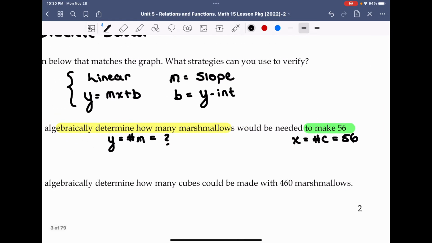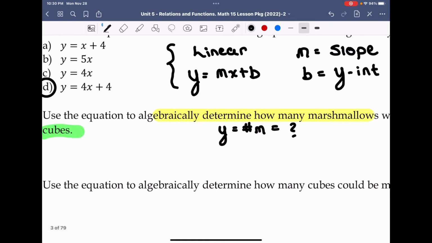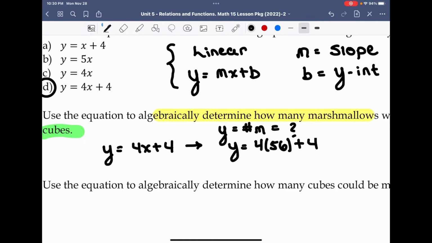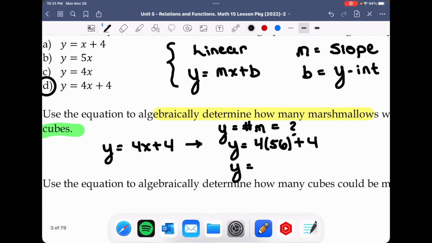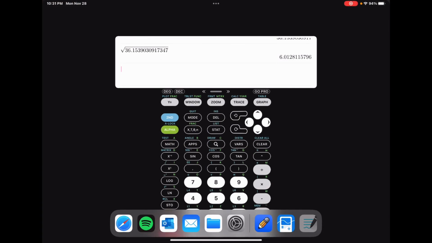So now what we have to do is say, okay, if we're looking for y and we have the x value, in our equation, y is equal to 4x plus 4. We're going to plug in the value for x. Y is equal to 4 times 56 plus 4. And now we should get a y value equal to, and what we're going to do is pull up our calculator here, and I'm going to pull it off to the side.